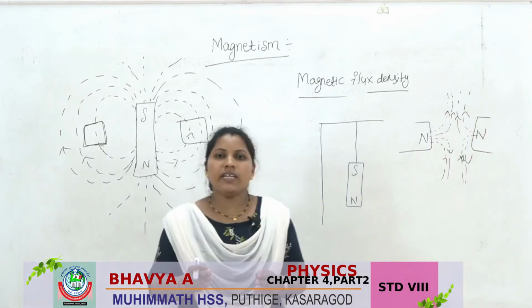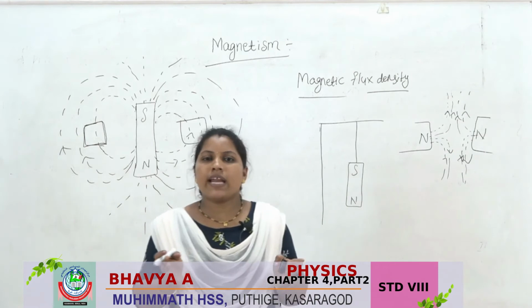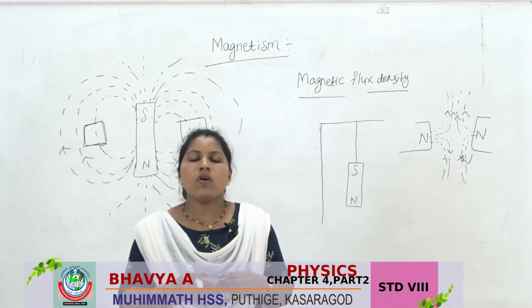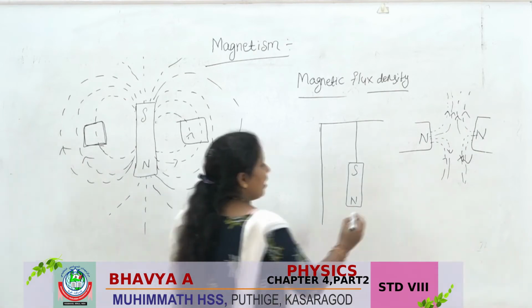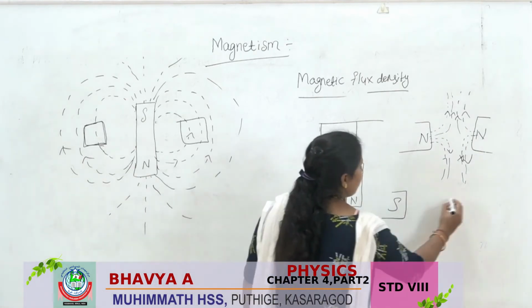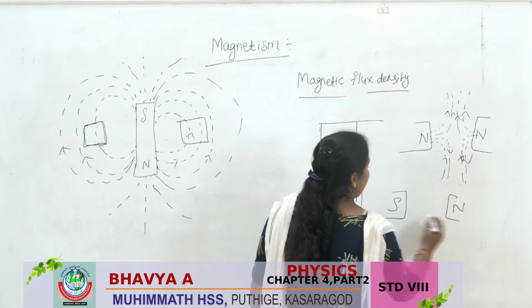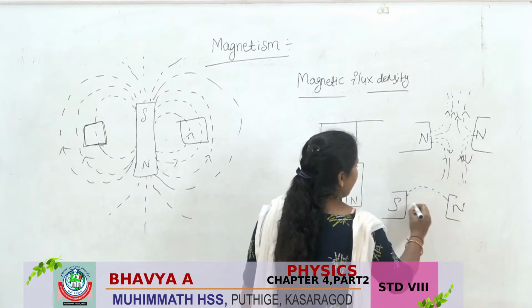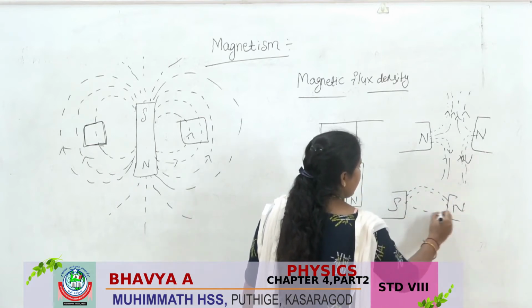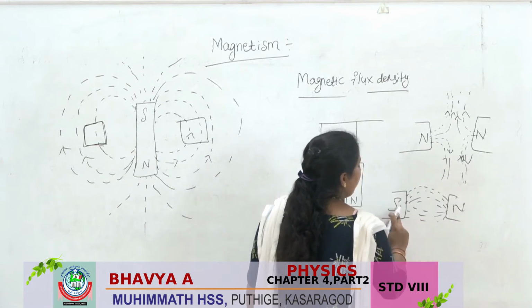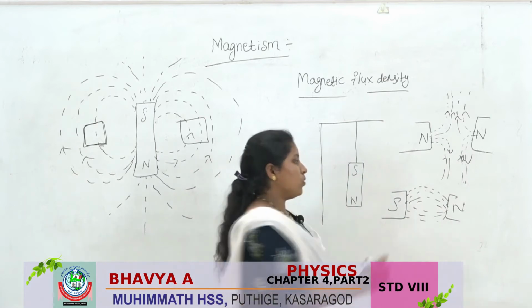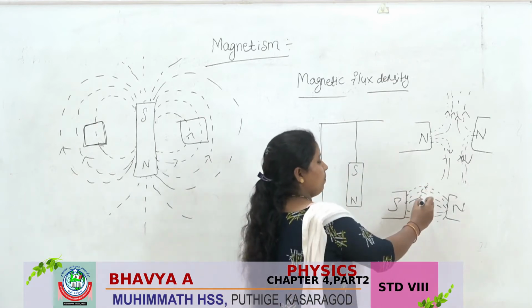You have studied that unlike poles attract each other, no? So how are the magnetic field lines experienced there? This is a south pole and this is a north pole. Because of their attraction, the magnetic field lines are experienced like this. The magnetic field line moves from the north pole to the south pole.